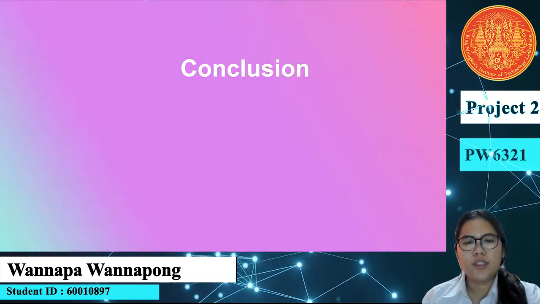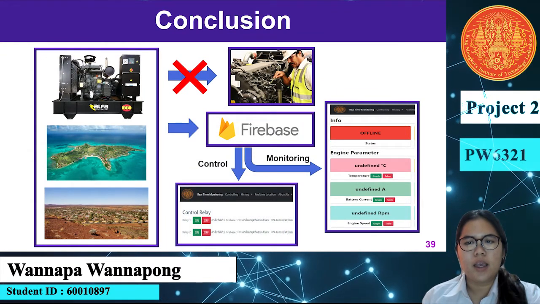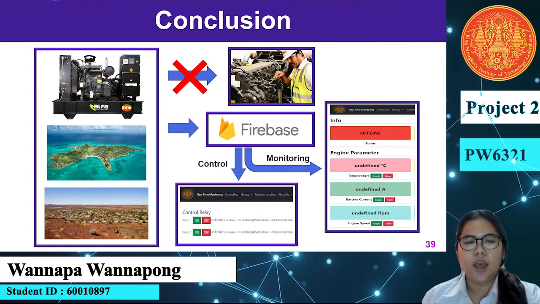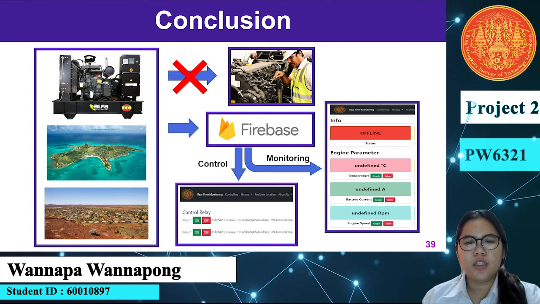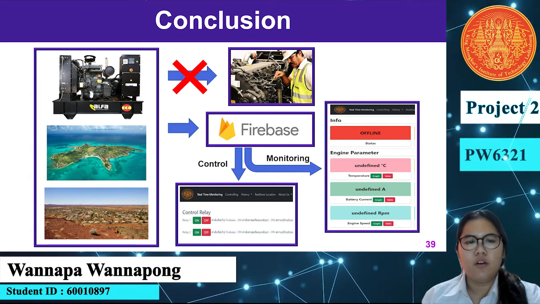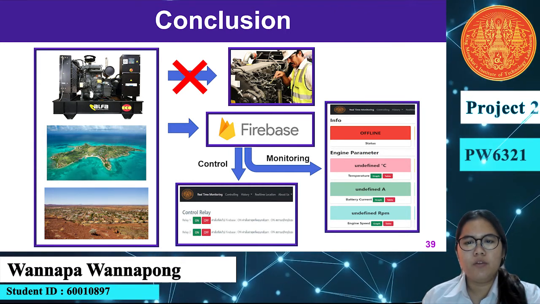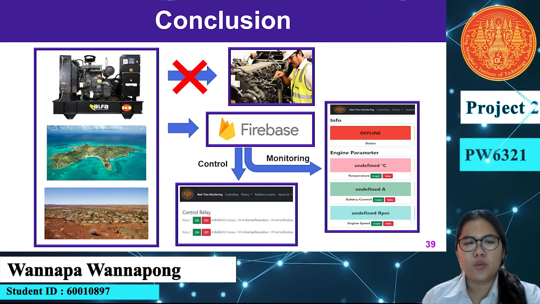The monitoring system project of the operation of generator sets has been proceeded, designed, and built, and from the test result it can be concluded that the system can work properly for the following purposes.